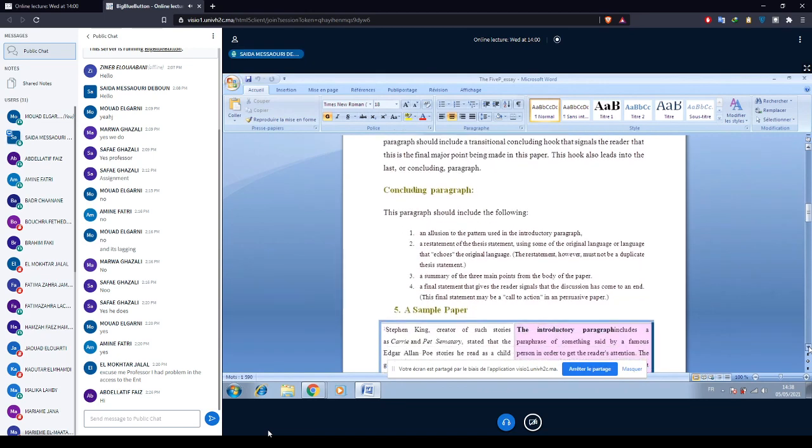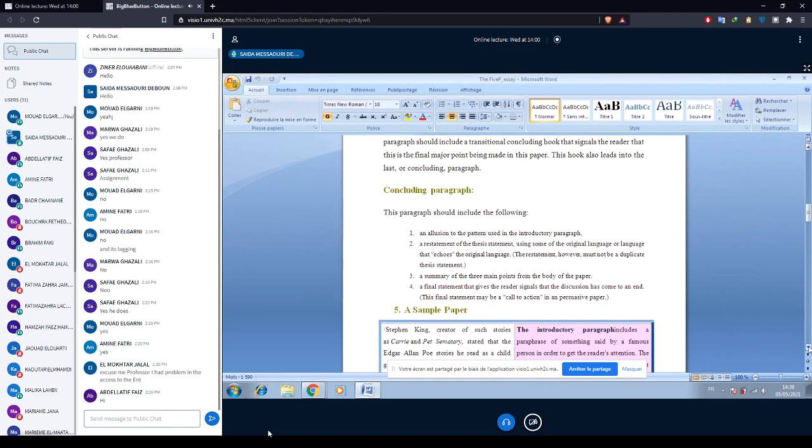So in this paragraph, I should find the following: an allusion to the pattern used in the introductory paragraph. That is, you go a little bit back to the introduction. A restatement of the thesis statement. So you're going to say it again, but you're going to make it stronger, using some of the original language. You may use some, not all.